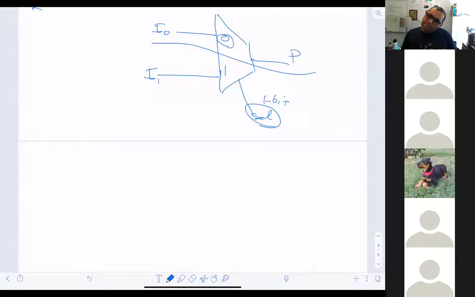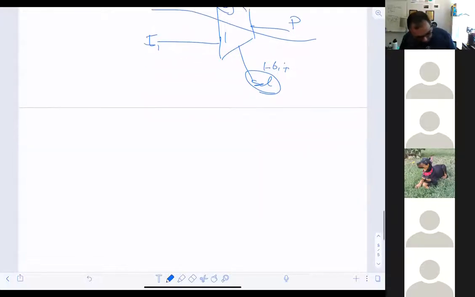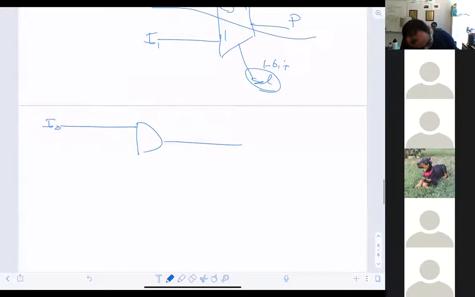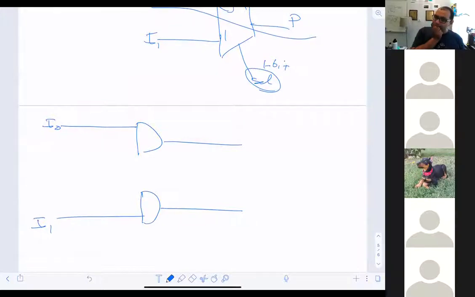Do you agree? Who is actually allowing me to do this as a gate? AND, right? So I bring an AND gate like this, and I take I0 here. Then I take another AND gate like this, and I take I1 here. If 1 happens here, what will happen? Somebody tell me. 1. Output will be I0. Exactly.